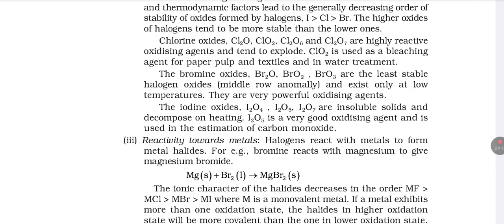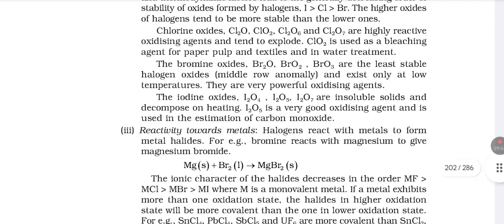The bromine oxides Br2O, BrO2, and BrO3 are the least stable halogen oxides and exist only at low temperature. They are very powerful oxidizing agents. The iodine oxides I2O4, I2O5, and I2O7 are insoluble solids and decompose on heating. I2O5 is a very good oxidizing agent and is used in the estimation of carbon monoxide.